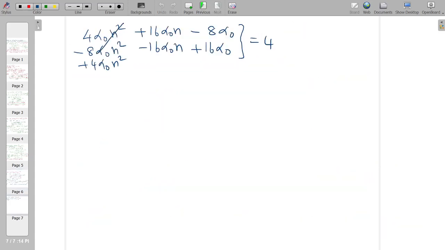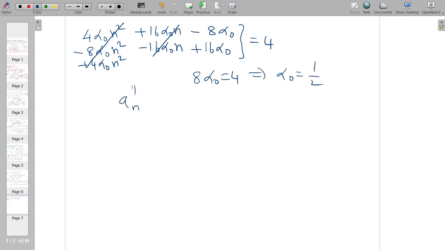Now you could see the terms 4 alpha_0 n squared and 16 alpha_0 n get cancelled here, and I get 8 alpha_0 is equal to 4. This implies alpha_0 is equal to 1 by 2.